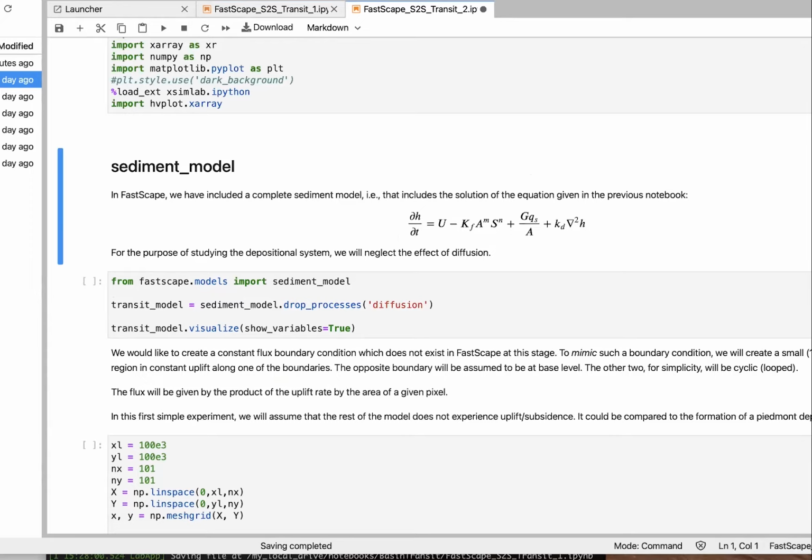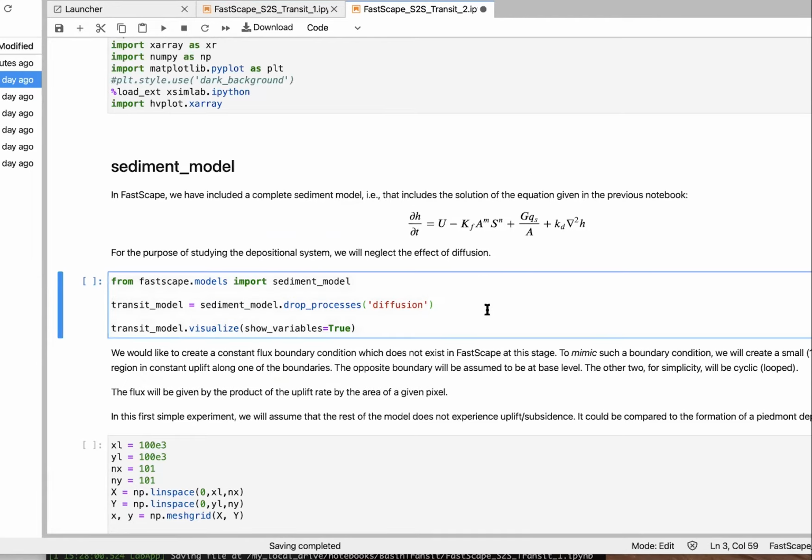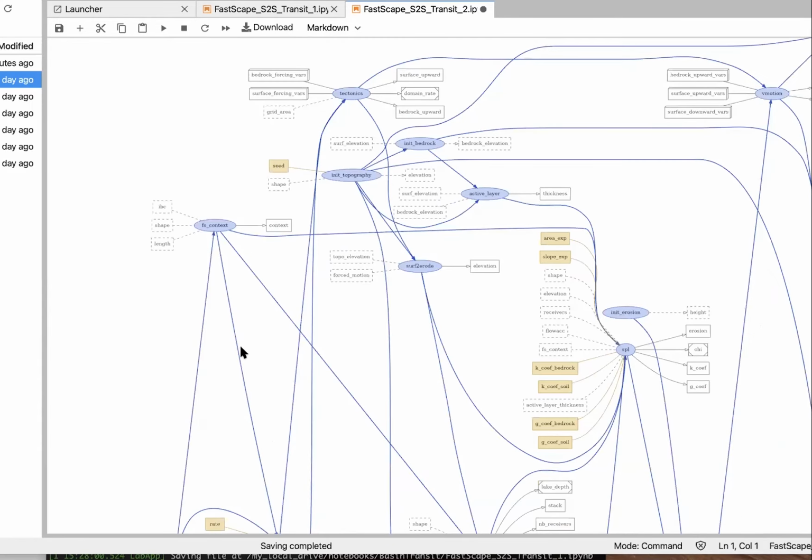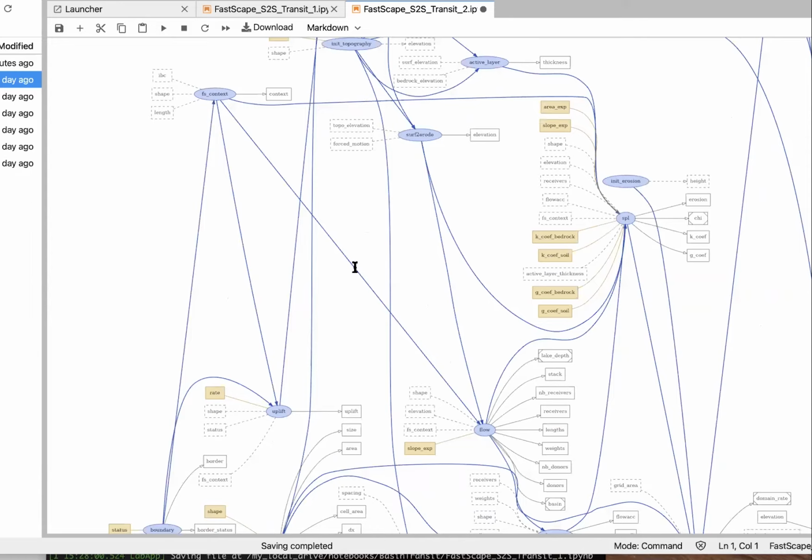So the first thing we're going to do, like we did last time, is take the sediment model from FastScape and remove the diffusion, add the hillslope diffusion to it, okay? So that, and then we create a new model, which I'm going to call the transit model, okay? The model again, okay? So you run the notebook cell and it gets very complicated.